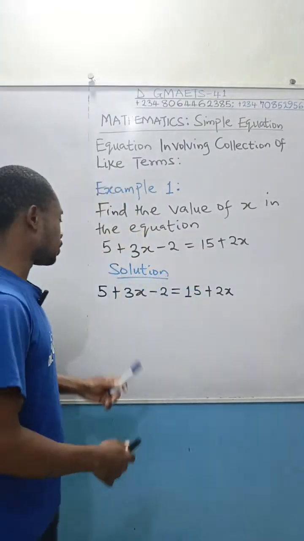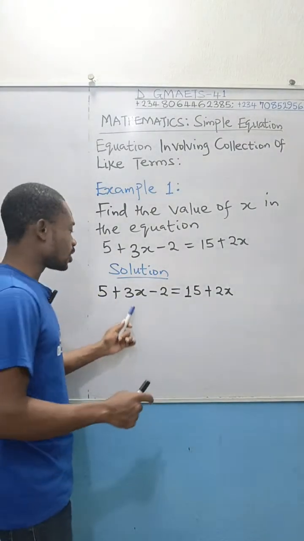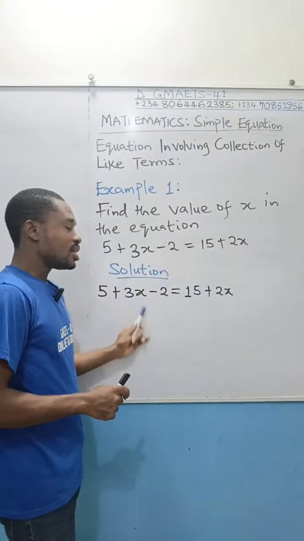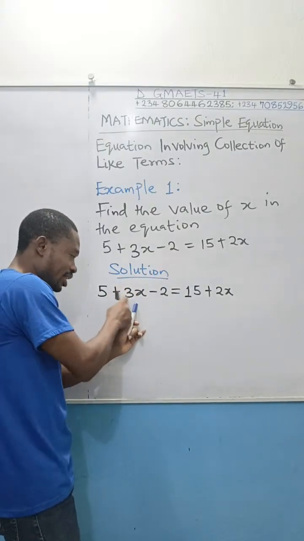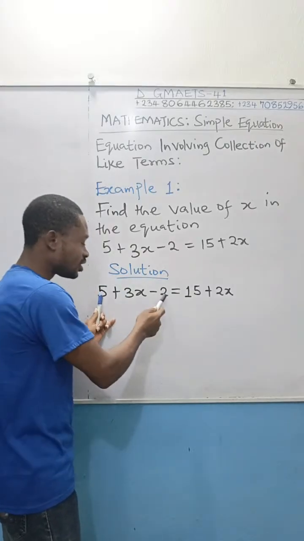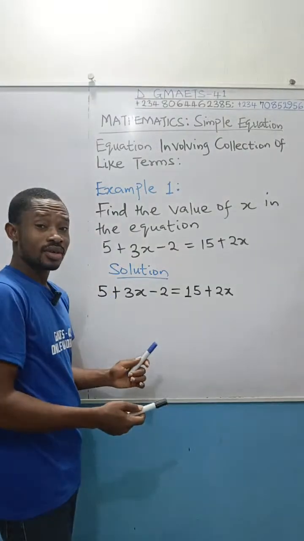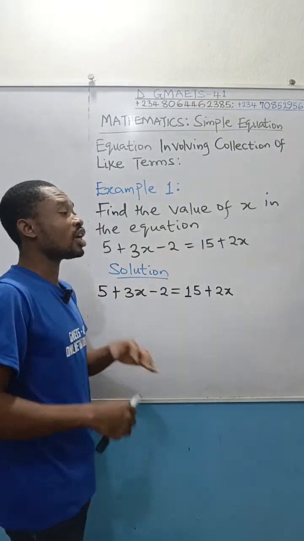I'll give you an example. This is 5 plus 3x. You notice that what I'm looking for is x. Now look at this part. Between this 3x and this 5 and minus 2, you have plus, you have minus. So definitely you must do collection of like terms here.